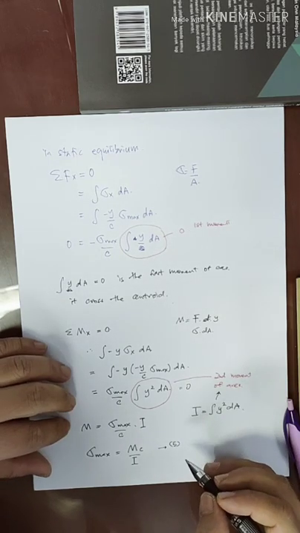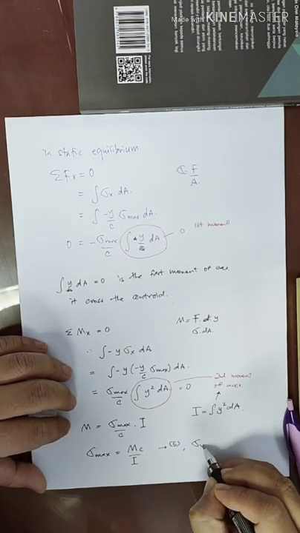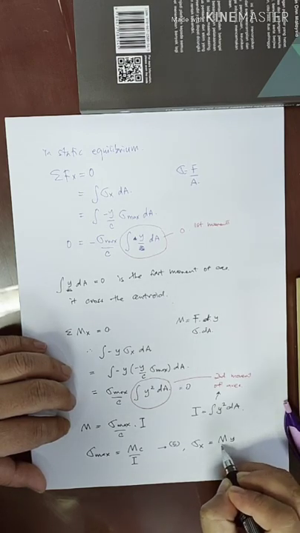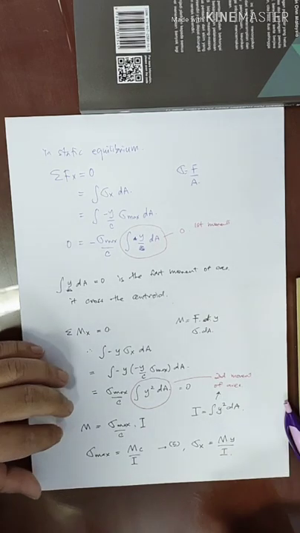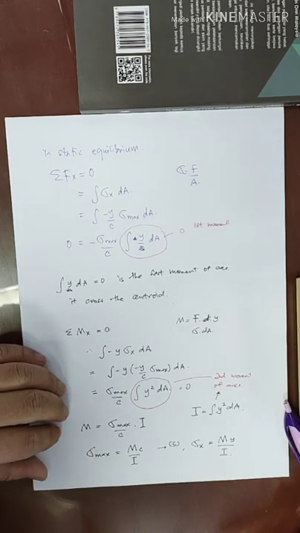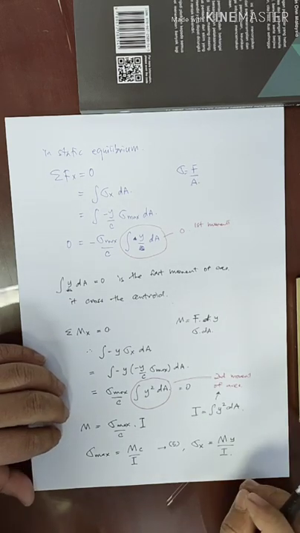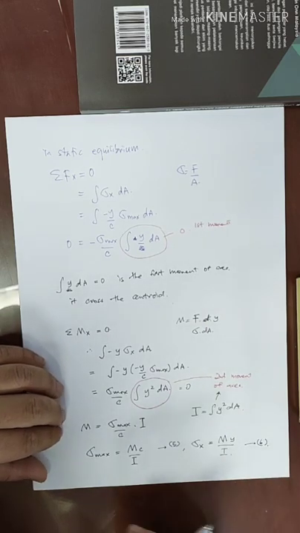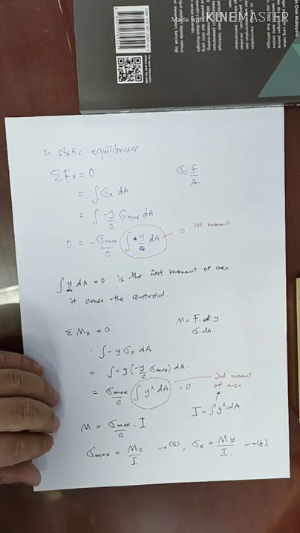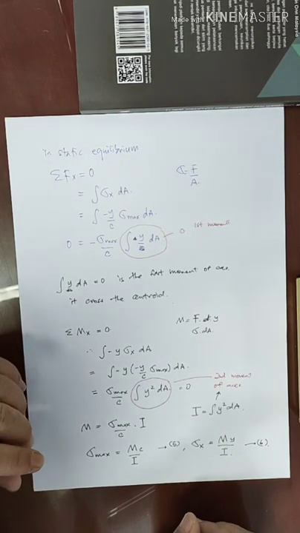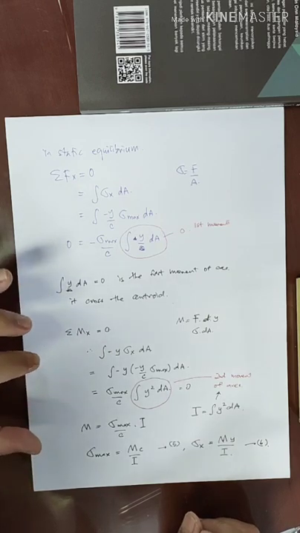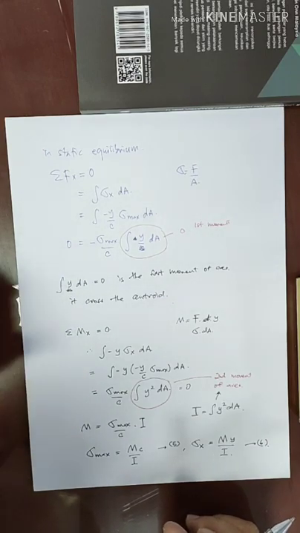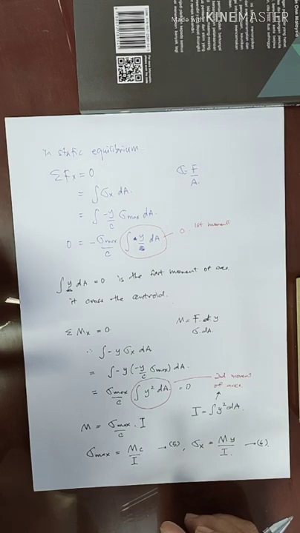And also rearrange into another form, stress x equivalent to M y over I. So we have another set of equations: first the strain x and strain max, and in this part the stress x and also the stress max due to bending stress.